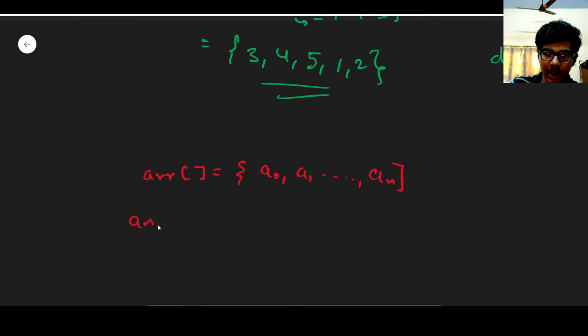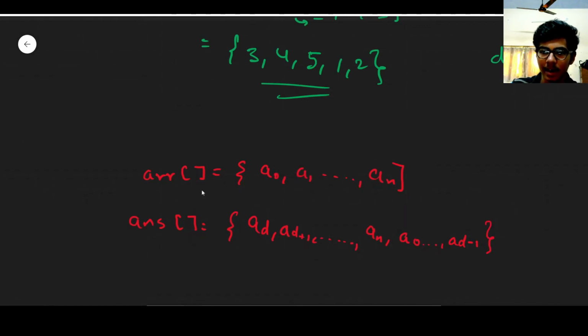So we can create an answer array which will store AD, AD plus 1 and go up till An, and then after that A0 would come and it will go till AD minus 1.